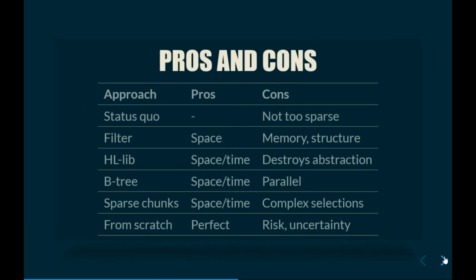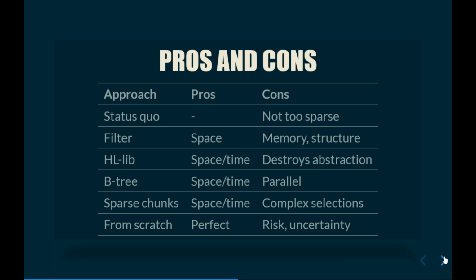Next slide, please. So if you want to do a rough comparison of the advantages and potential downsides, we listed here the approaches in the left-hand column and sketched out the main pros and cons.